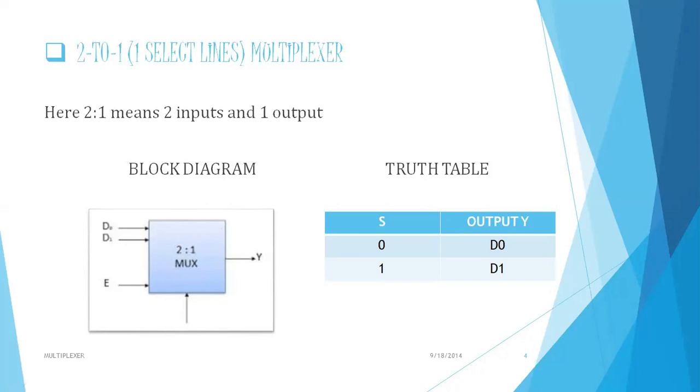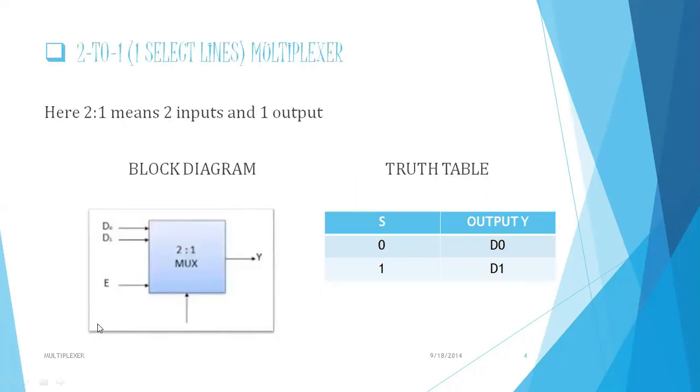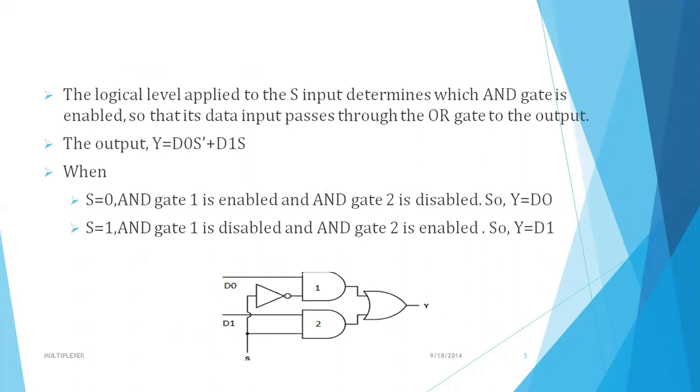If S is equal to 0, D0 is the output. If S is equal to 1, D1 is the output. This is the 2 to 1 multiplexer block diagram and this is the truth table. This is the logic diagram of the 2 to 1 multiplexer.